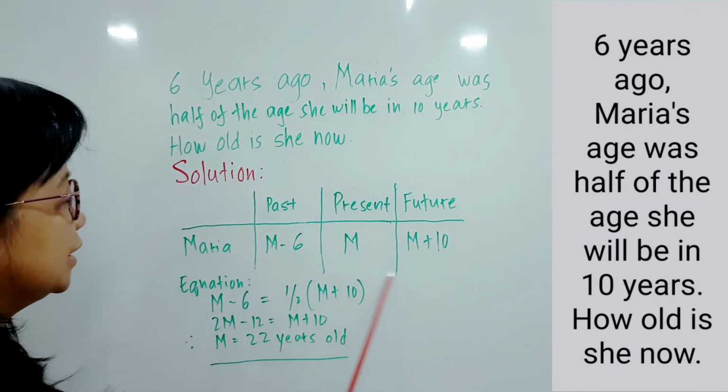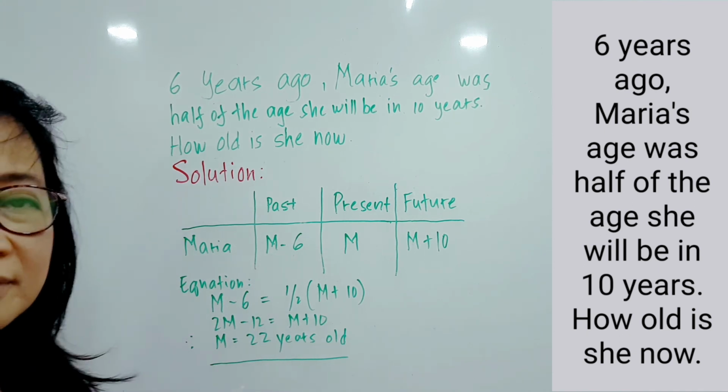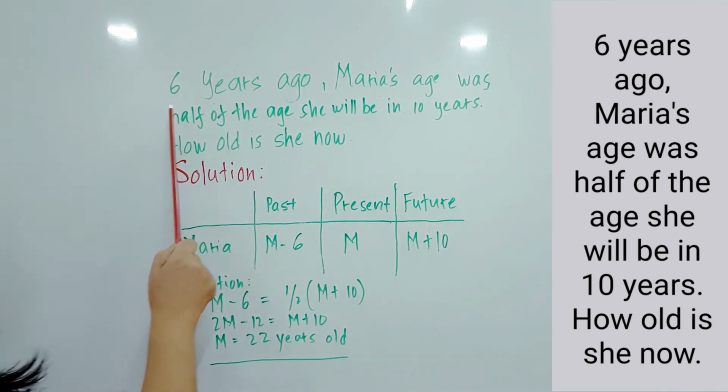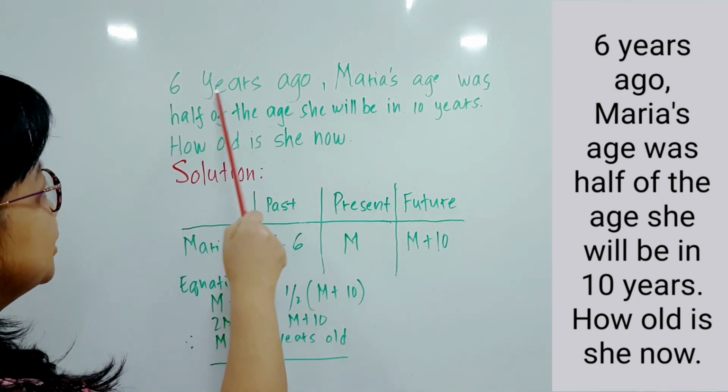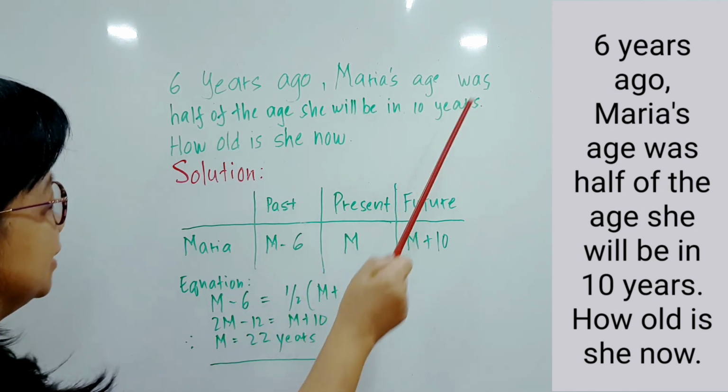Now, natabulit na natin yan. So, paano natin yan ma-solve? Siyempre, gagawa tayo ng equation. Base dito sa statement, 6 years ago, Maria's age was half of the age she will be in 10 years.